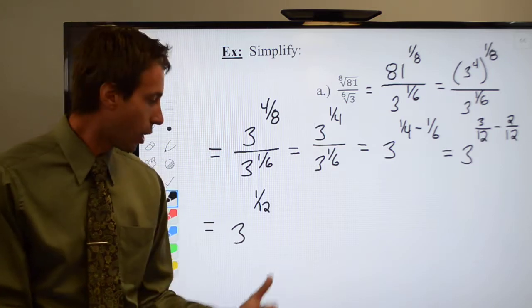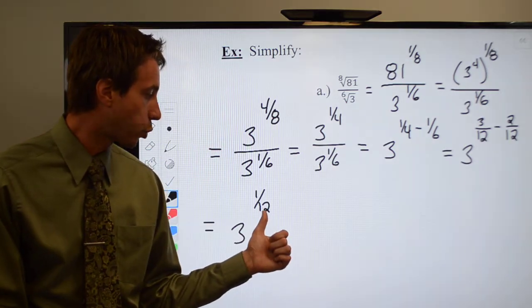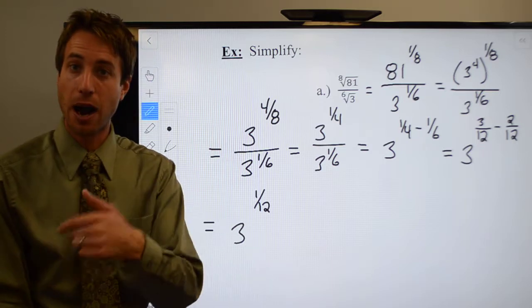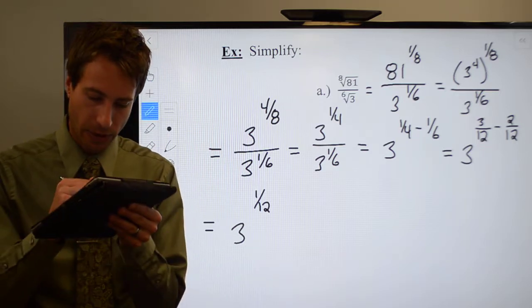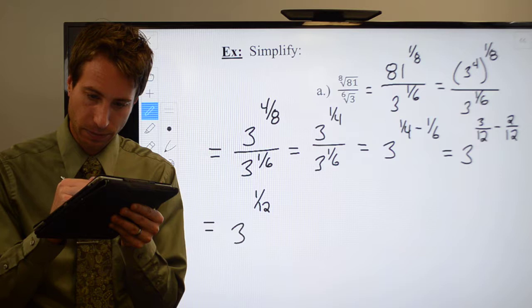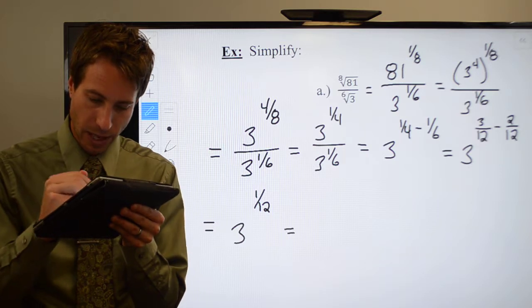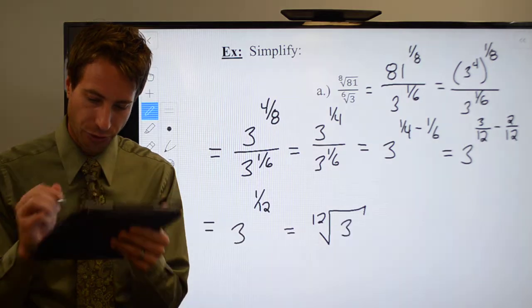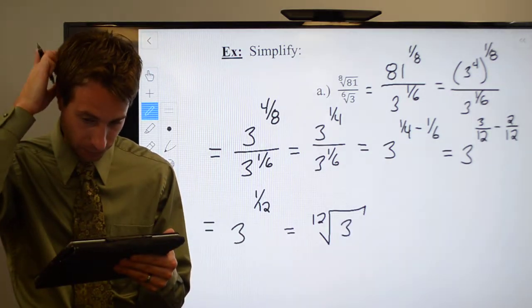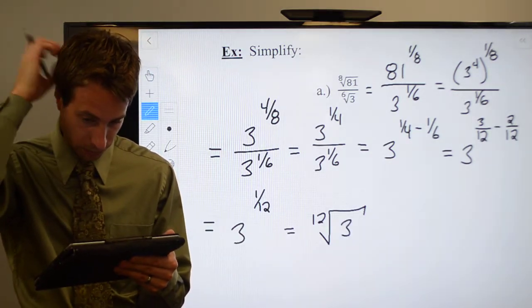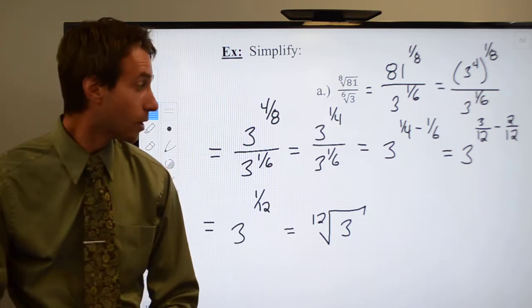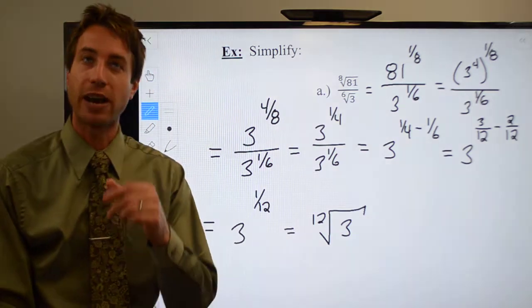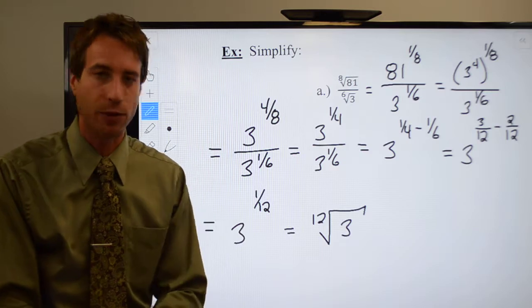Okay, great. Well, here we go. I'm going to rewrite this guy, right? The 12 becomes the index of my radical. And so I wind up with the 12th root of 3. All right, so again, what we've got here, and it'll work this way every time I give you one of these problems.